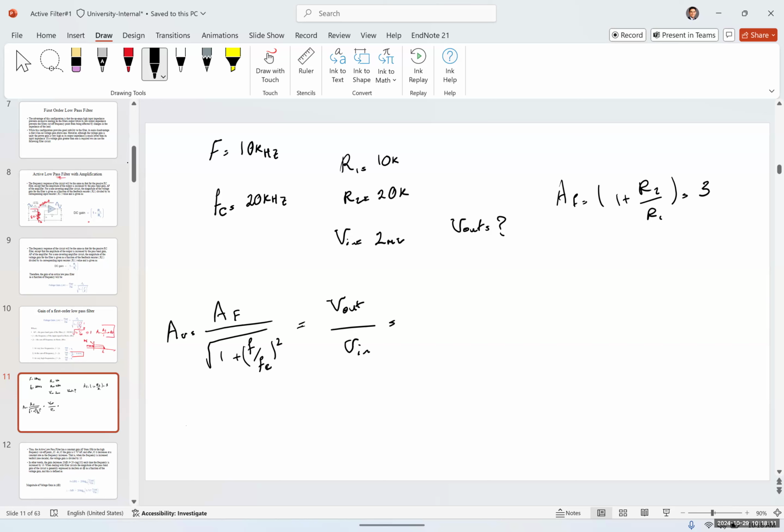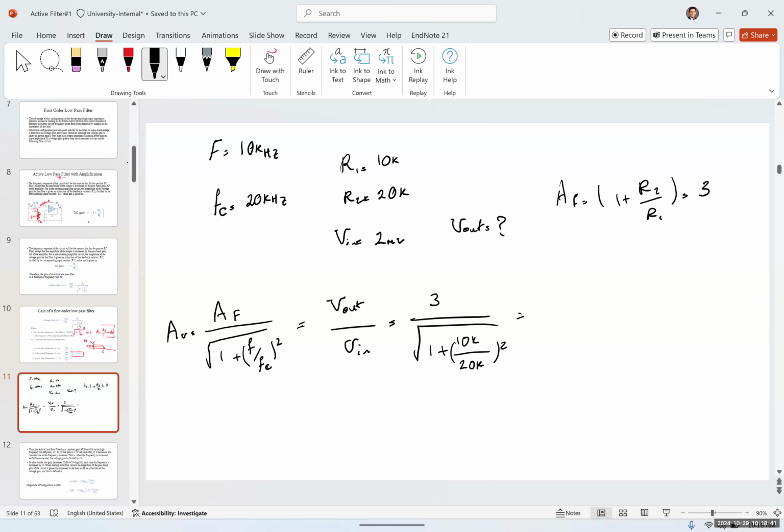So V out over V in would be 3 over the square root of 1 plus F, which is 10K, over FC, which is 20K, to the power of 2. So it's going to be 1/4. 1 plus 1/4, square root, what is that going to be? 1.118. Okay, and 3 divided by that.